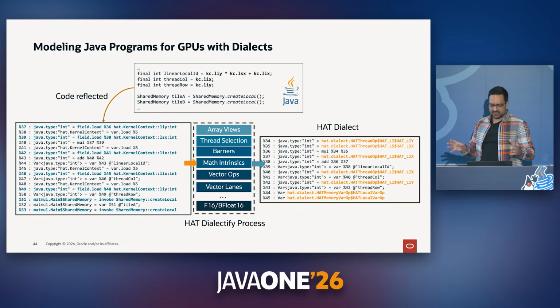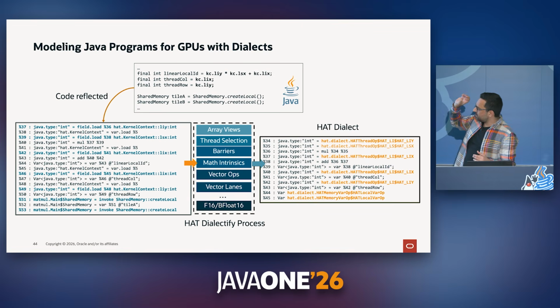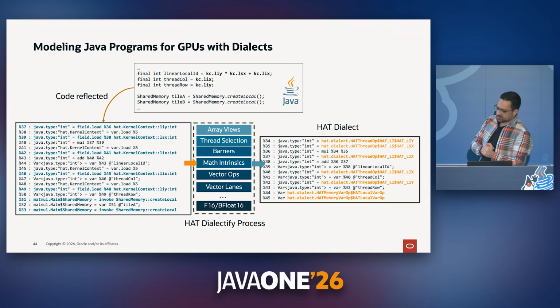And this is just a snippet from the matrix multiply application. Then on the left side, what we see is the code model without any dialectification, if you like, right? It's just the code model that we see from core reflection. And all these fields, kc.liy, lsx, etc., we see as load fields in the code model.